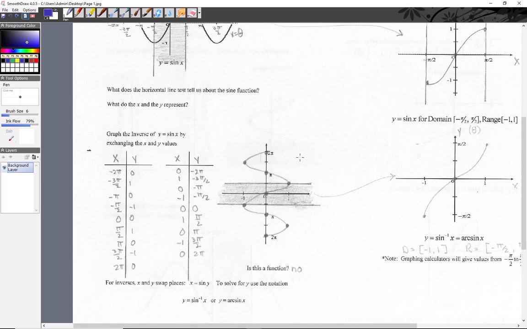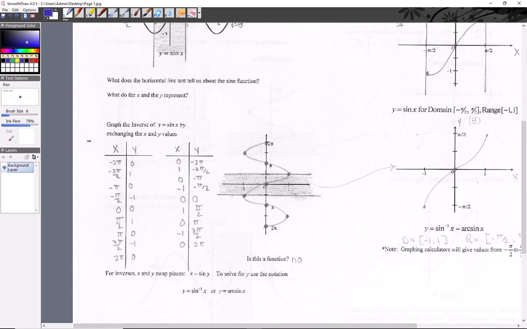All right, now that you're back, we are going to reflect those values that are creating this interval. And so we'll draw them going through negative pi over 2 below the x-axis and positive pi over 2 above the x-axis.